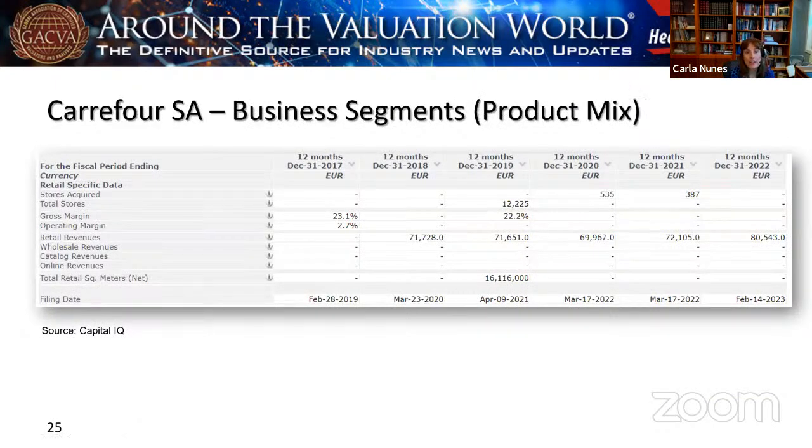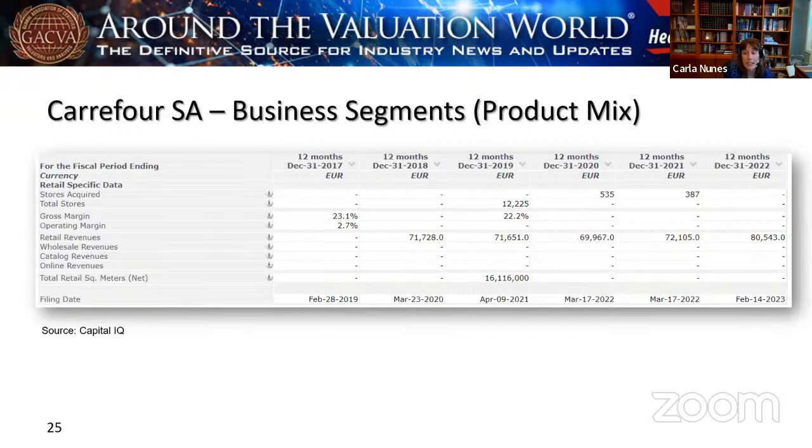And then finally, the business segment. So we're talking about product mix all along, right? And if they have a lot of other businesses that are not in your subject company, then you're running the risk that you're not getting a pure play. And that's going to happen. There's always going to be a subject company that is very unique.